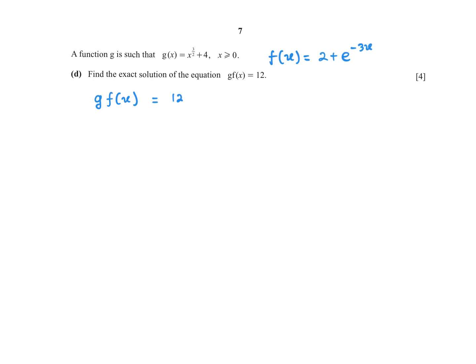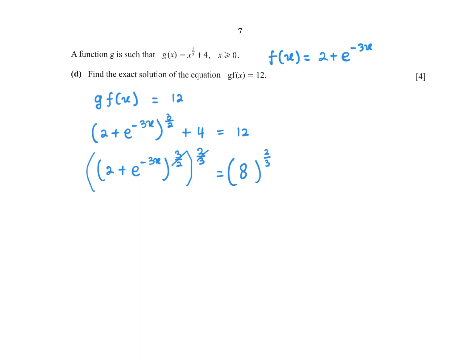So in g(x), I have x to the powers of 3 over 2, and that x is replaced by 2 plus e to the powers of negative 3x, powers again of 3 over 2, plus 4 is equal to 12. Subtract 4 both sides. 2 plus e to the powers of negative 3x, to the powers of 3 over 2, is equal to 8. So now, I want to get rid of the powers of 3 over 2. I put exponent again, 2 over 3, both sides.